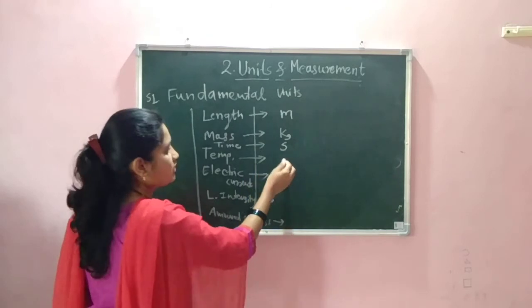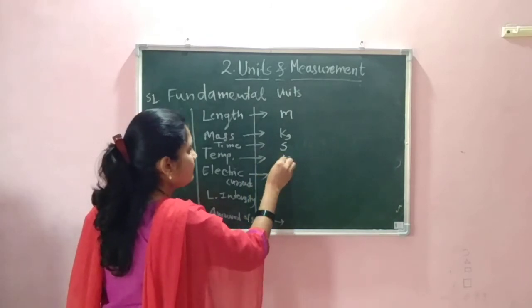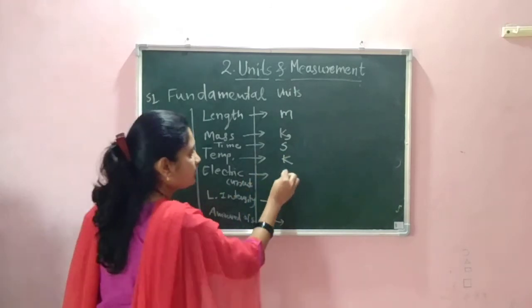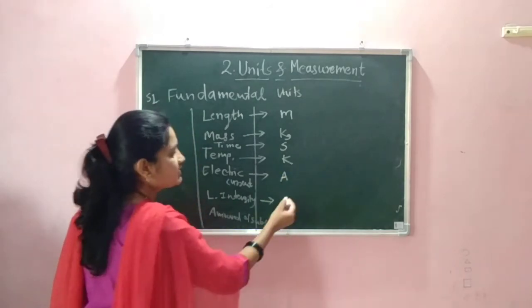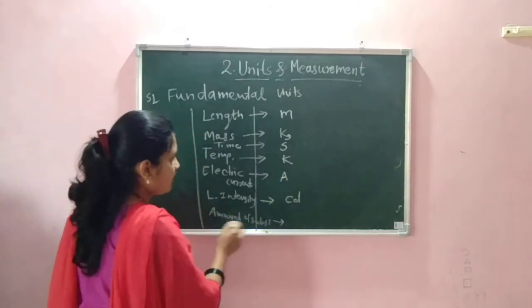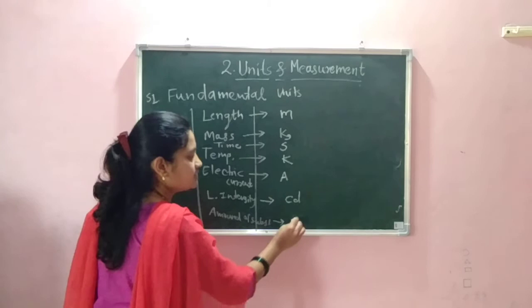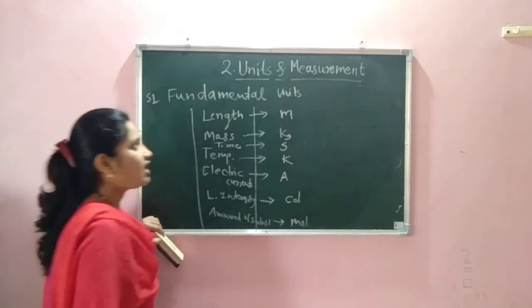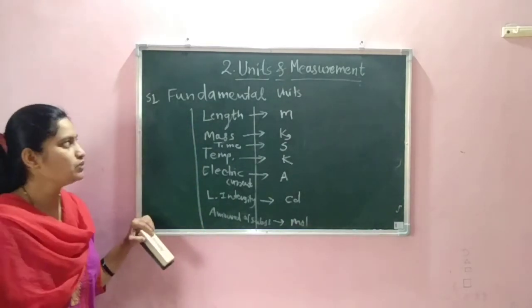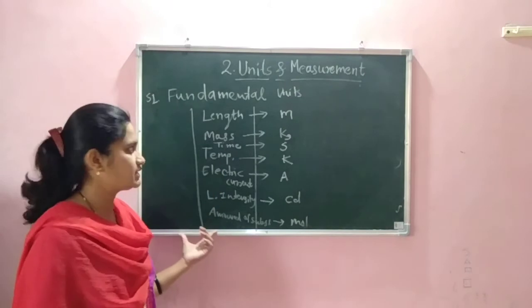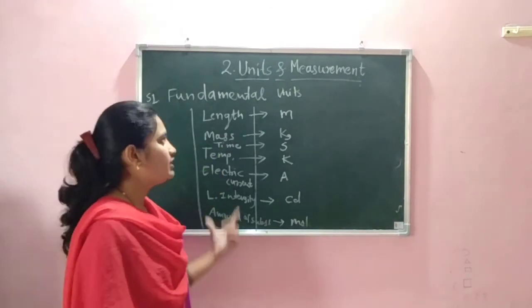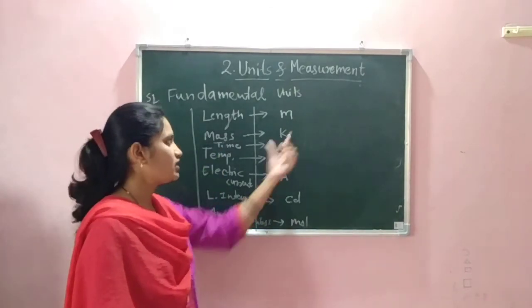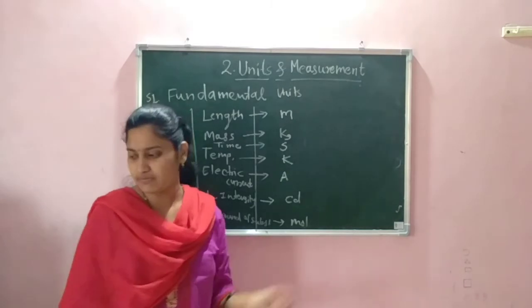For temperature, Kelvin. For electric current, ampere. For luminous intensity, candela. And for amount of substance, mole. So these are the 7 fundamental SI units.